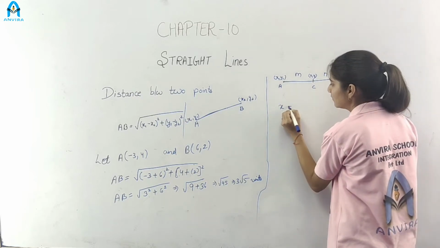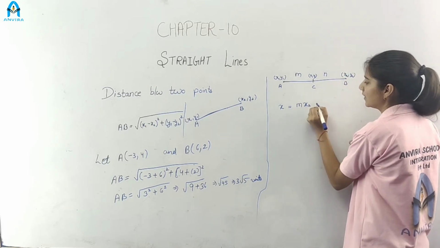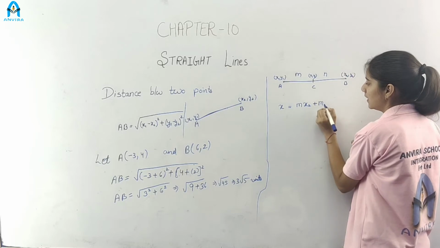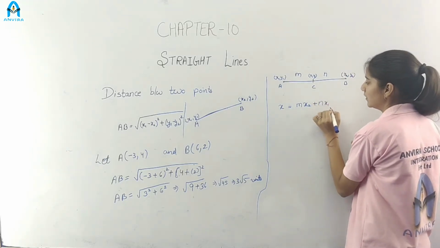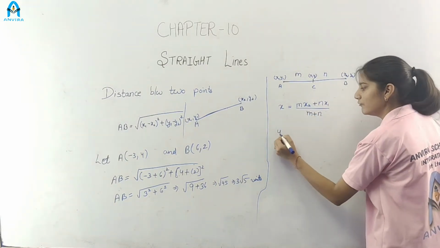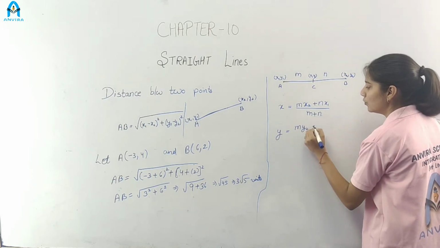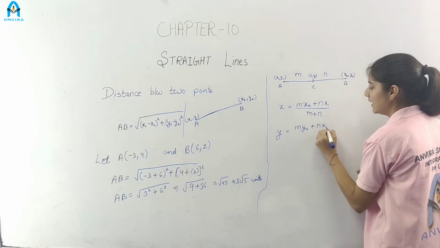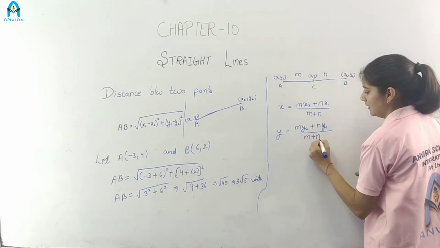Then for x we write (mx2 plus nx1) divided by (m plus n). Similarly, for the y coordinate, (my2 plus ny1) upon (m plus n).